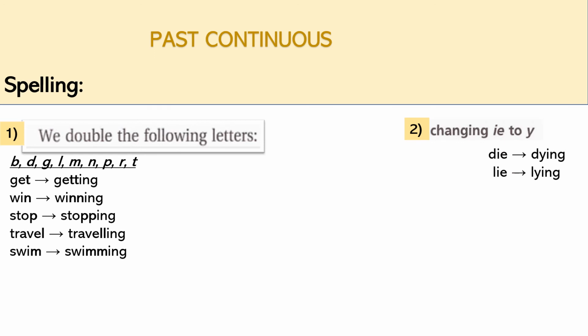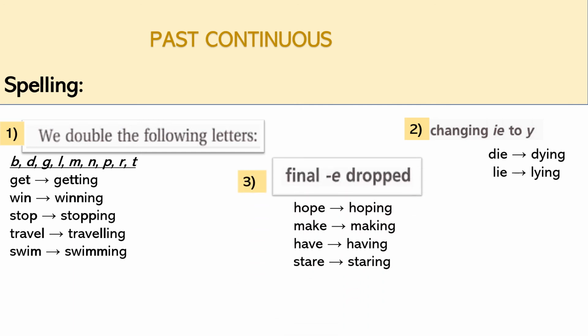Another change happens when we have to change IE to Y with verbs like die and lie. Final E is dropped. So for example, with verbs hope, make, and have. So you can see what happens. The spelling changes.